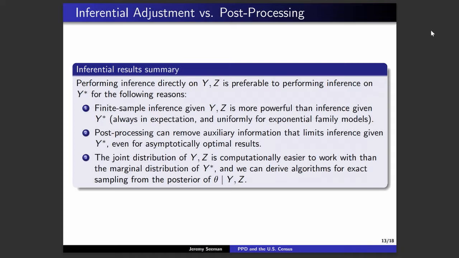Additionally, there are issues that we've talked about throughout the day yesterday in terms of the computational tractability of working with Y and Z, given the undetermined computational tractability of working with this post-process Y star. And we have a couple of examples in our paper and some previous case study work where we derive approximate Bayesian computation algorithms for performing the sampling exactly.